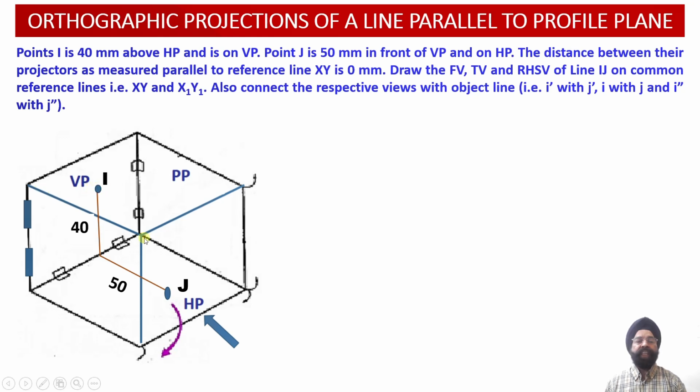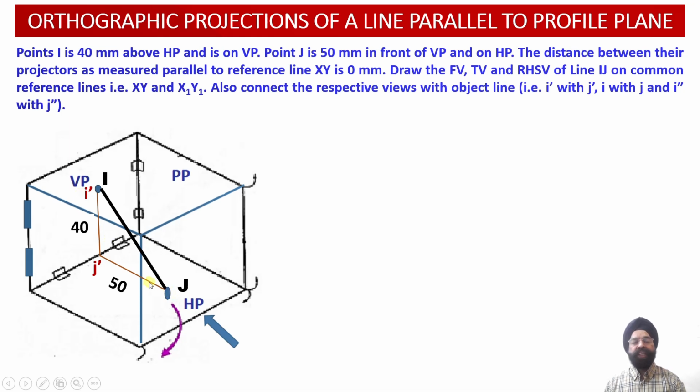Having obtained the coordinate locations of the points I and J in the 3D coordinate system environment, we can join the points I and J over here. Now, having joined the points I and J, we can look at these 2 points from the front. If we look at both of these points from the front, point I will be projected as I dash, 40 millimeter above the horizontal plane in the vertical plane in the front view projection.